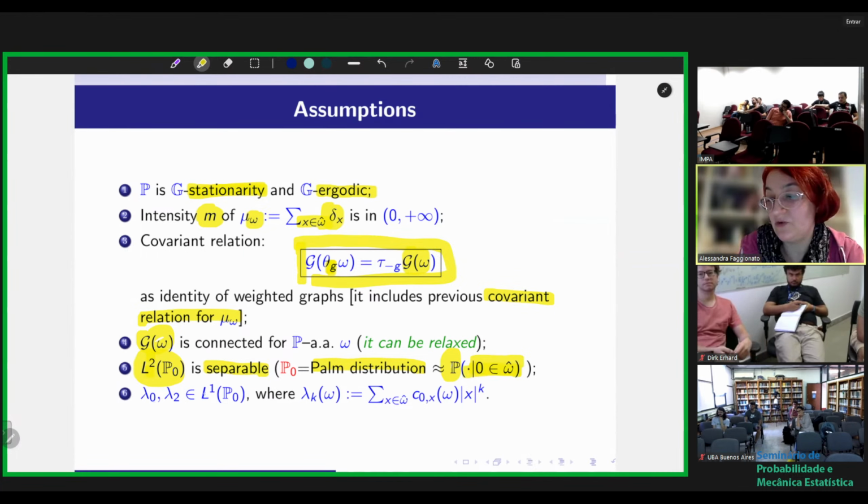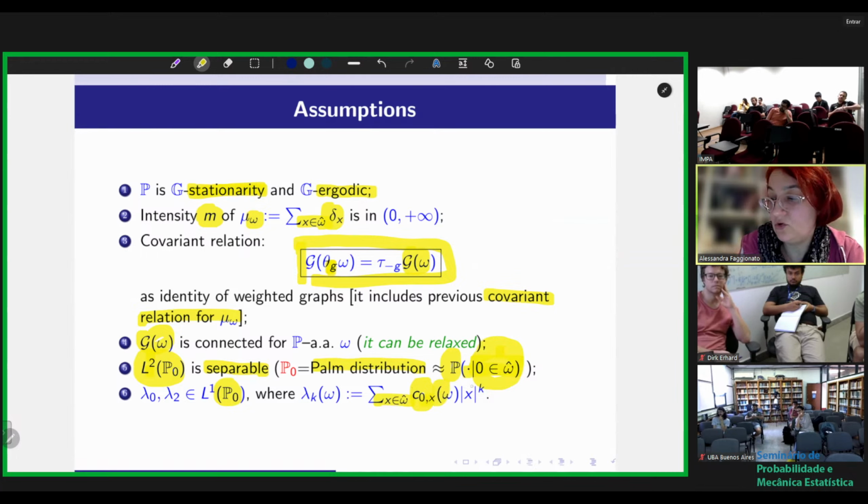So lambda 0 and lambda 2 are integrable with respect to P0, where lambda k, for k equal to 0 and 2, is defined in this way. So P0-typical omega satisfies this condition. So the origin is a vertex. So I sum among all vertices x of the conductance between 0 and x. Recall that by convention, this is 0 if 0x is not an edge.